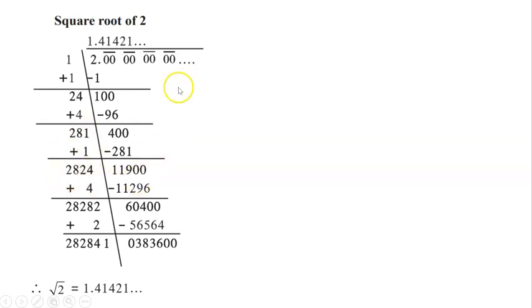2824. Now next again we will take one pair of 0, and then you will get 11,900. And next we will take to the unit place a number 4, and we will multiply this number, that is 2824 by 4, and then you will get 11,296.